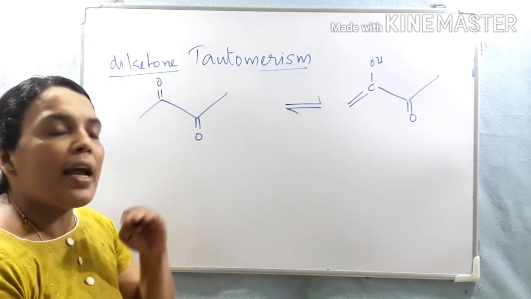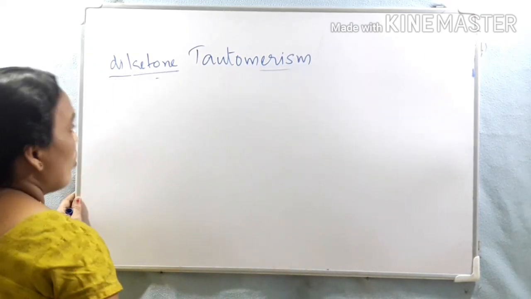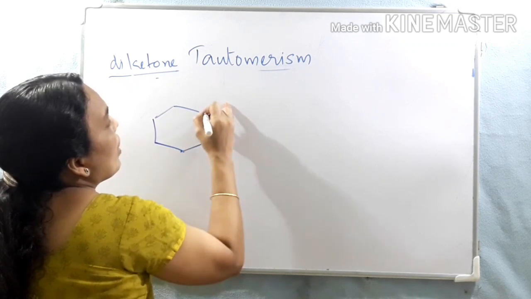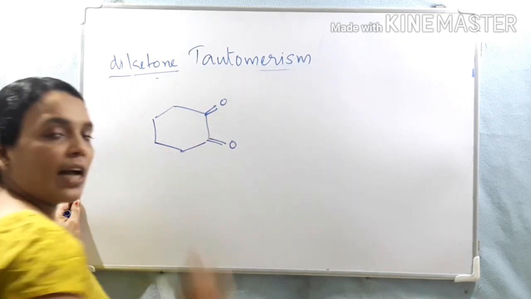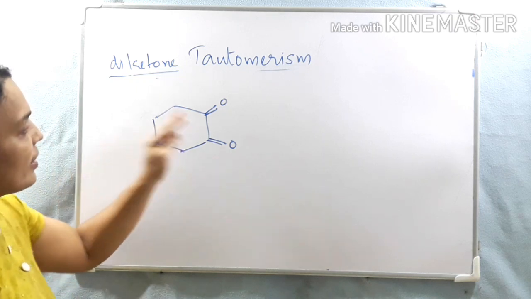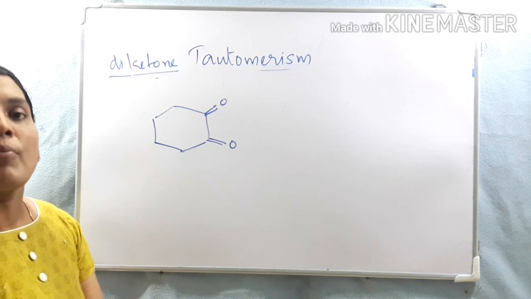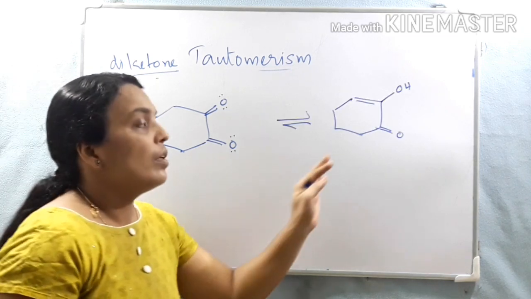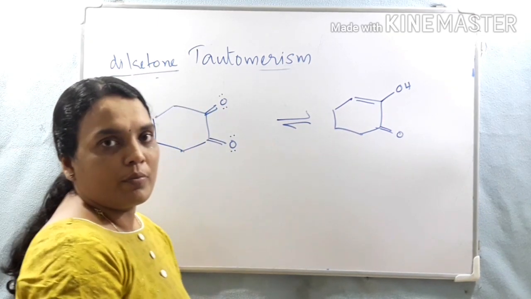Let us consider a closed system, a cyclic diketone. Now let us consider a cyclic diketone where these two carbonyl groups are present on adjacent carbons itself. This is a cyclic diketone where carbonyl groups are present on adjacent carbon atoms. Let us see the enol form. This is its enol form.